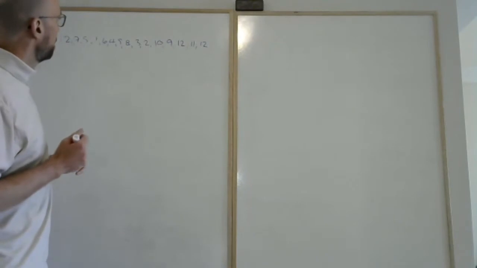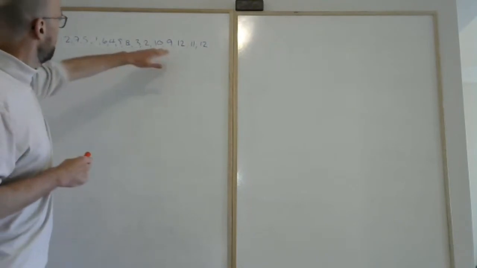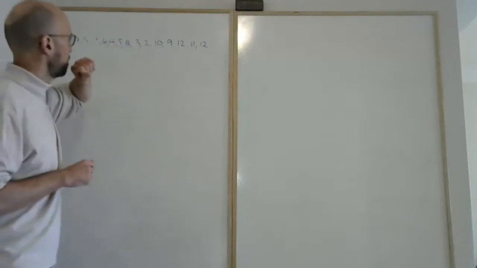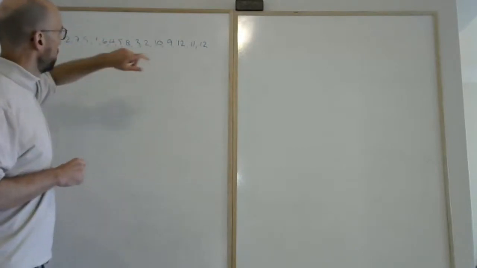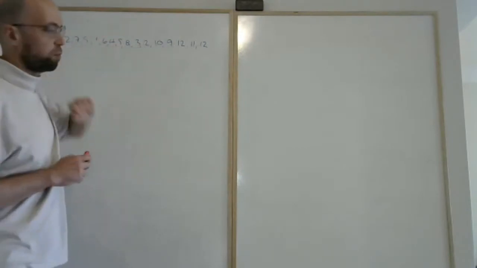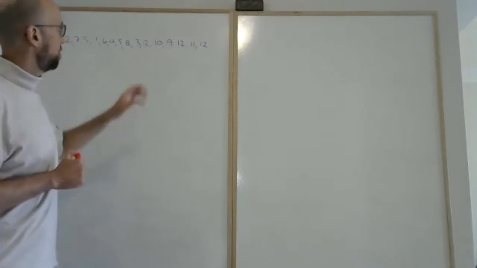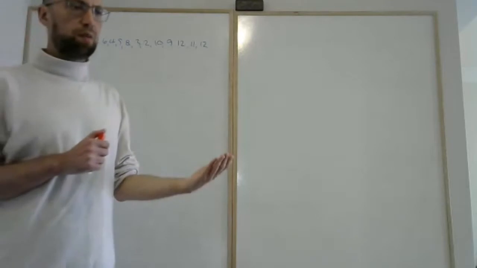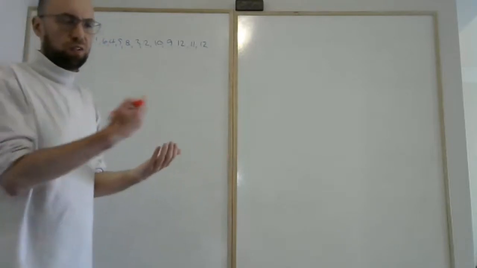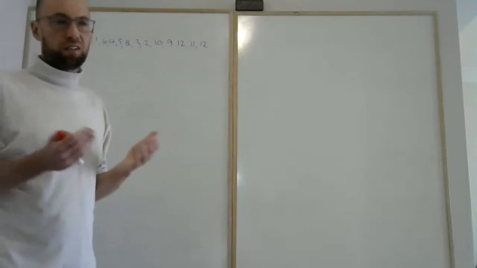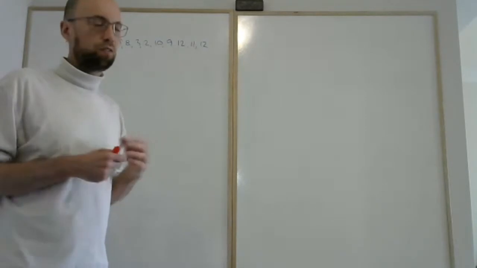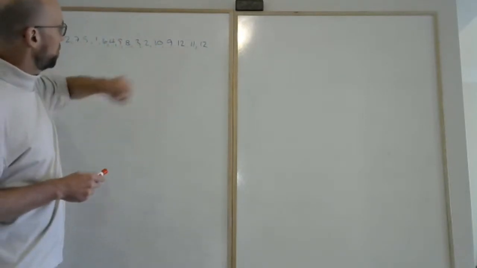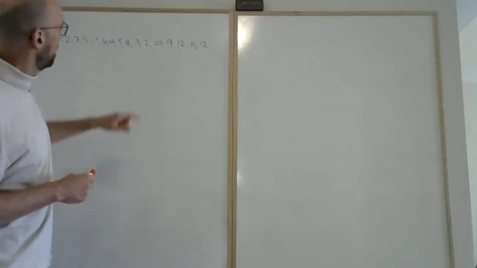So for example, suppose you wanted to find out the longest subsequence that ends at some element. Once you know the longest subsequence that ends at each element, you can do one scan and find the longest subsequence overall. So suppose you want to know the longest subsequence that ends at 9.